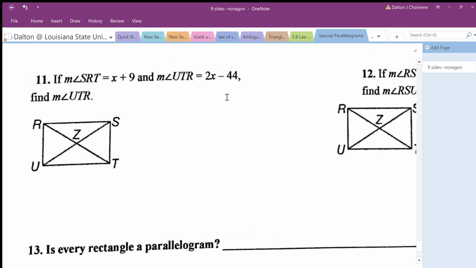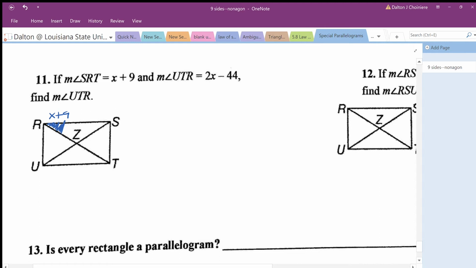Okay, the only other hint I'm going to give you is number 11. So if you want a hint, pay attention. Number 11 says, if the measure of angle SRT is X plus 9. So again, I'm going to shade where that angle is and put X plus 9 on the outside.